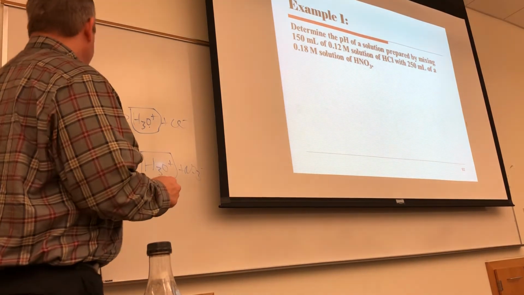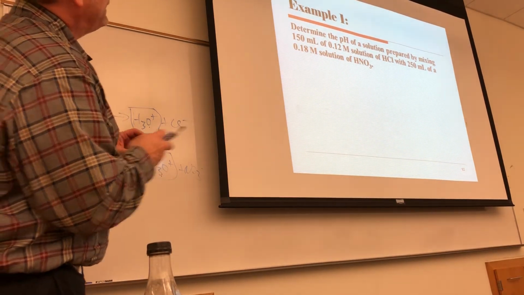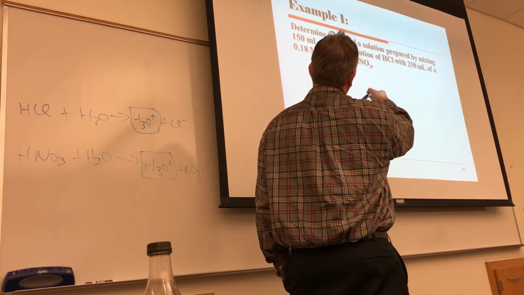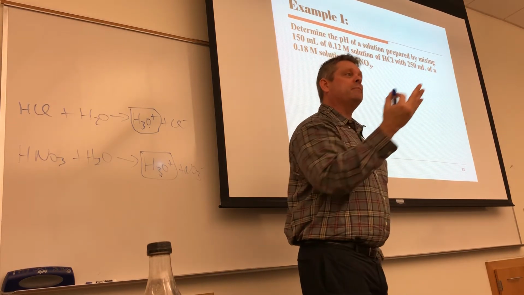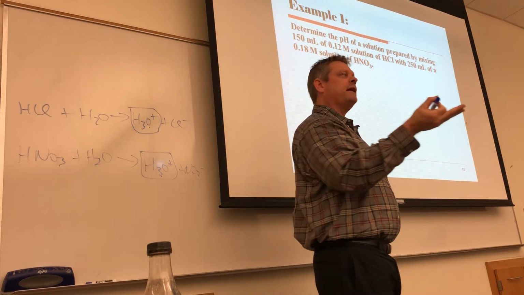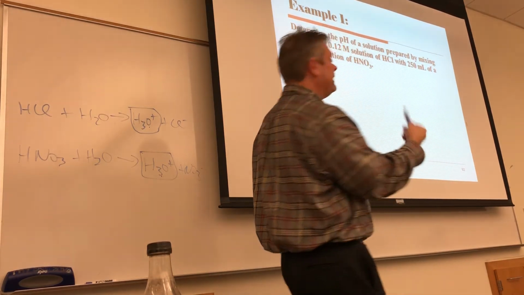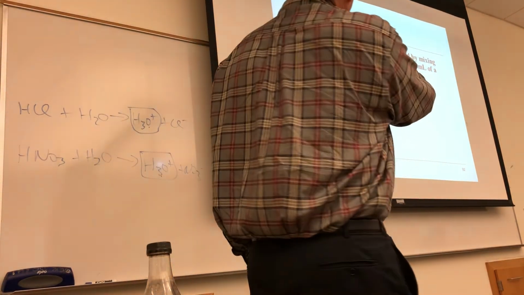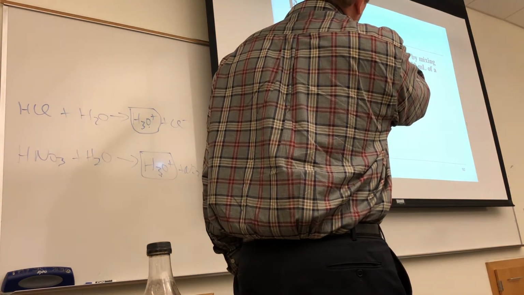Right. Okay. So now the HCl, I could determine that by simply saying 0.12 moles per liter. Or I could say 0.12 millimole per mL, like they said earlier on that last slide, times 150 mL. That gives me my millimole. So that is the HCl.